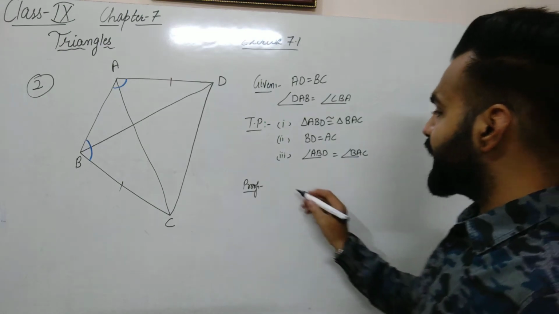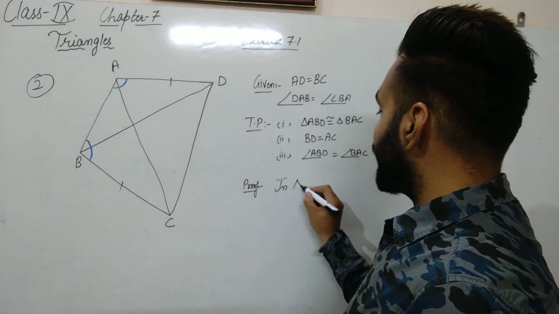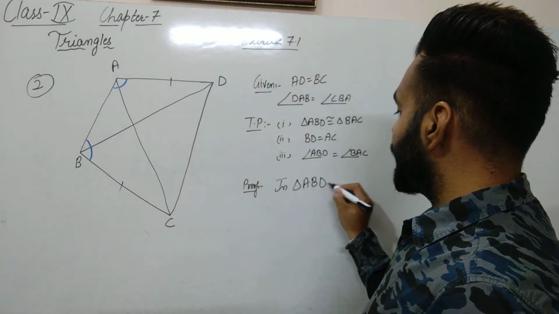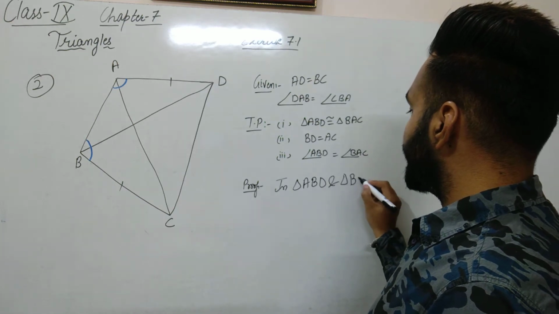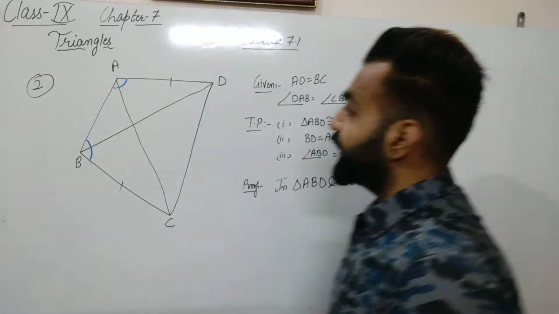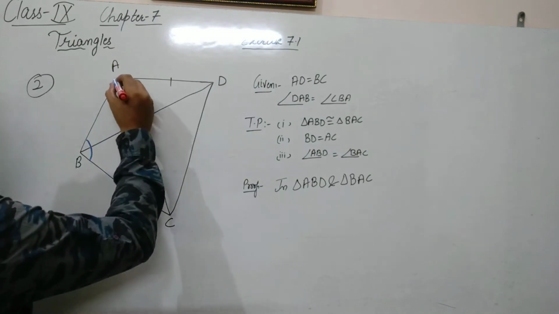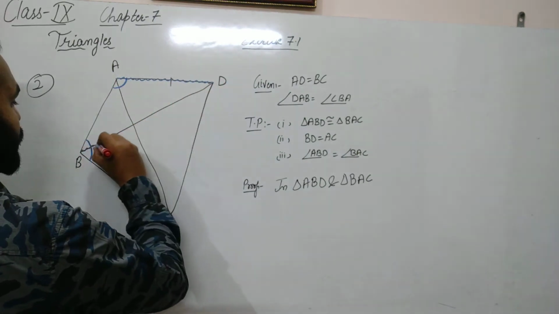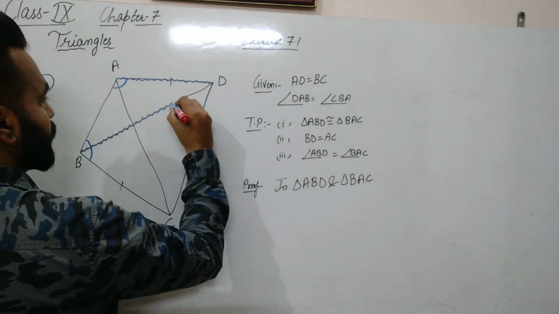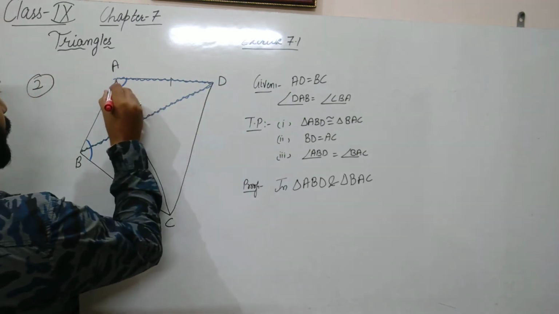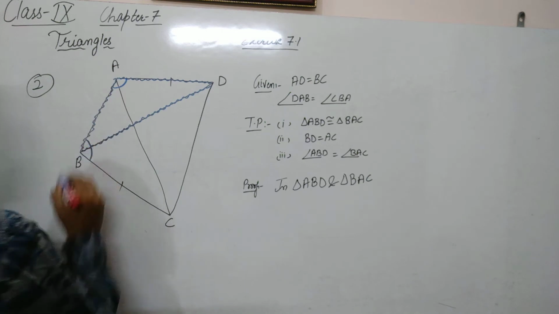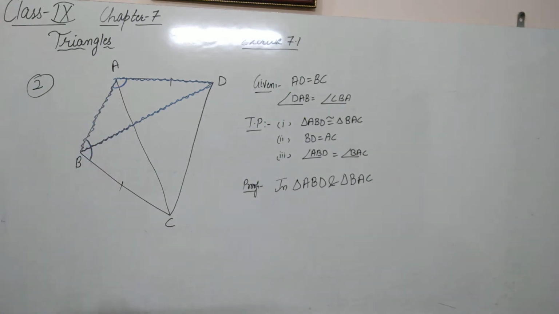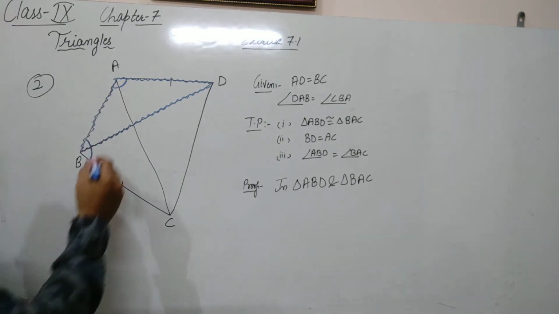So which triangles we have to prove? In triangle ABD and triangle BAC. So ABD, this is the triangle here. This is triangle ABD and triangle BAC.